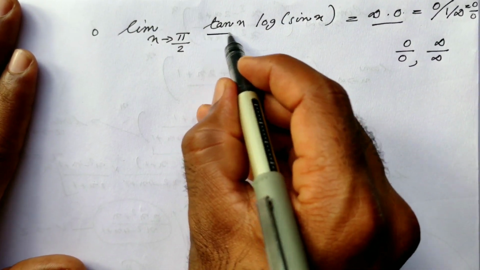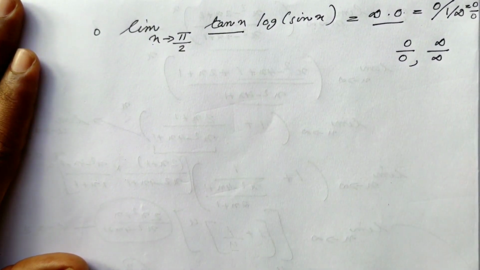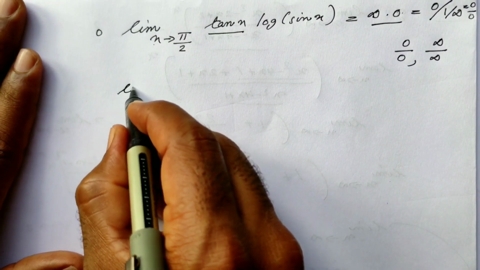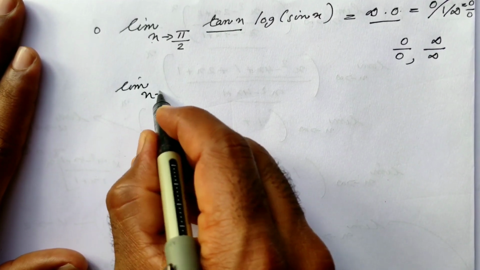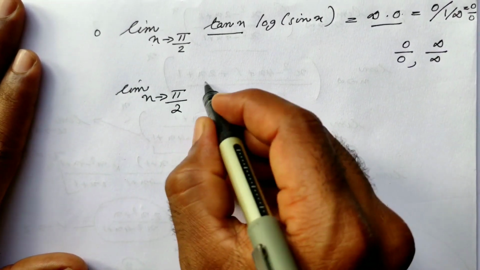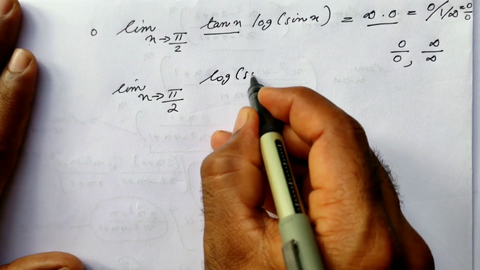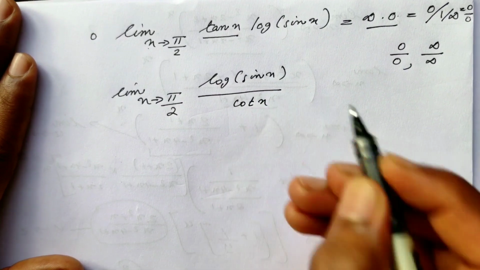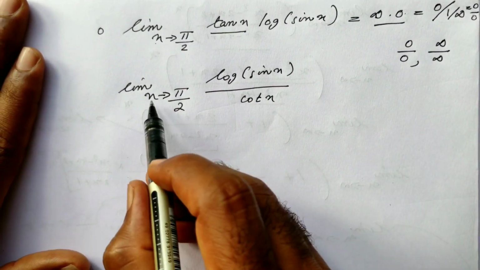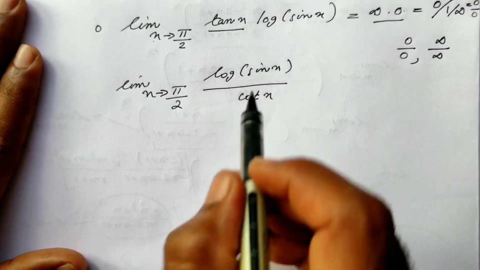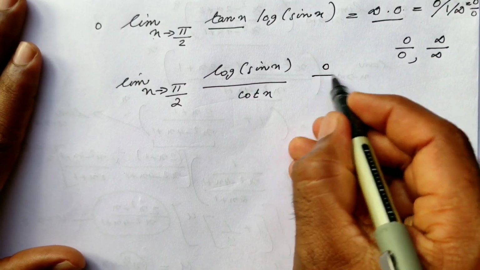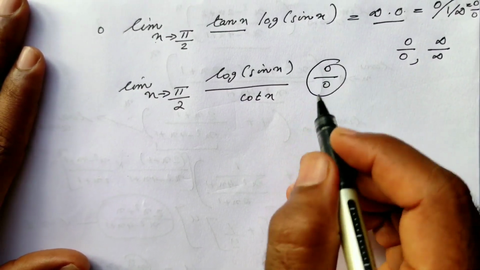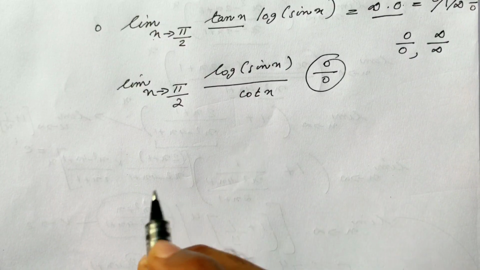So I am making this tan x go to the denominator, that is this limit can be written as limit x tends to pi by 2 of log of sin x divided by cot x. Now we are applying the direct limit. It is in the form 0 divided by 0. So we are eligible to apply L'Hospital rule here.